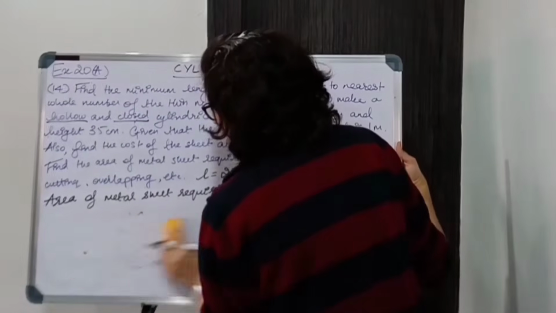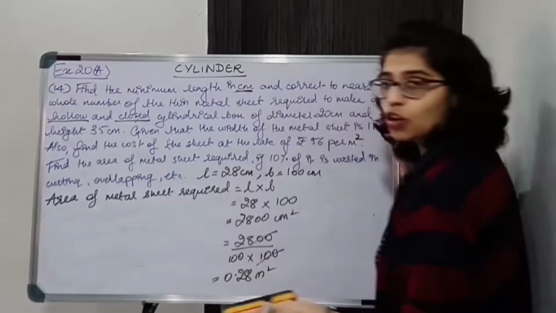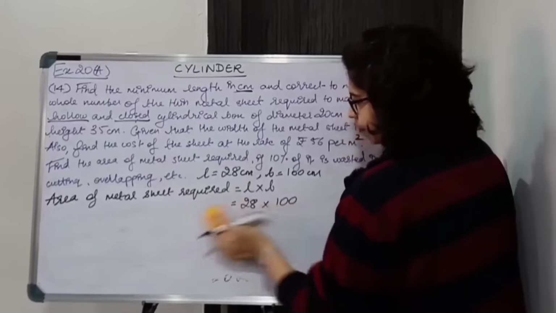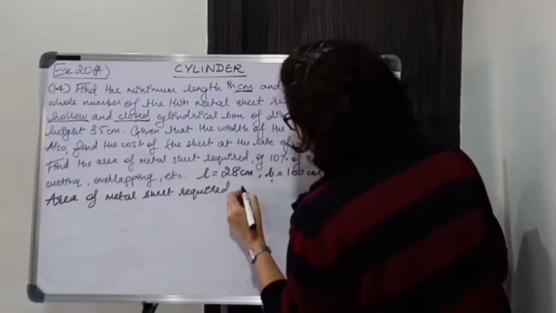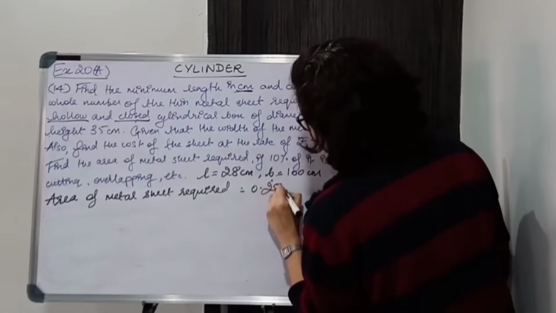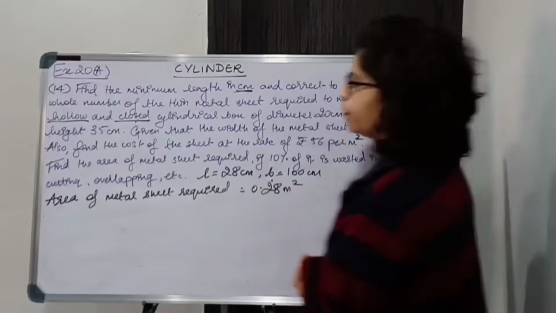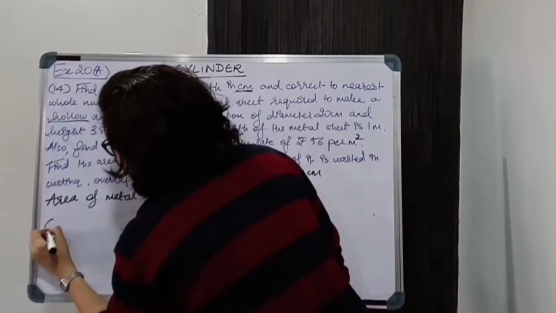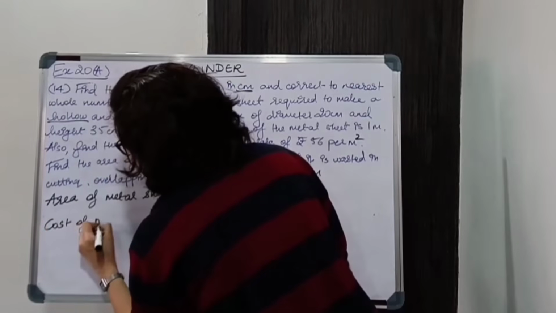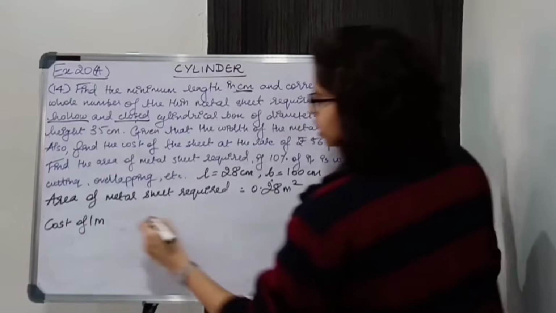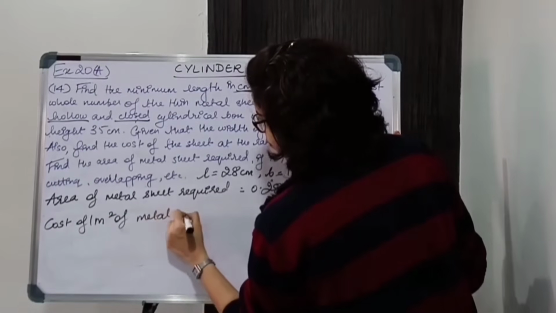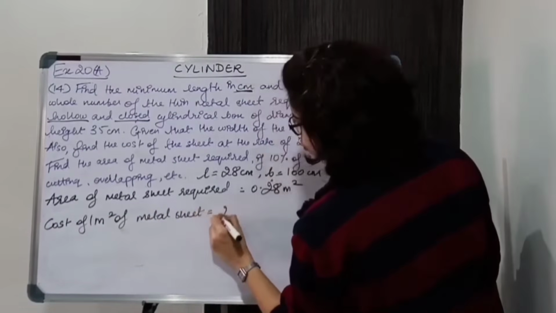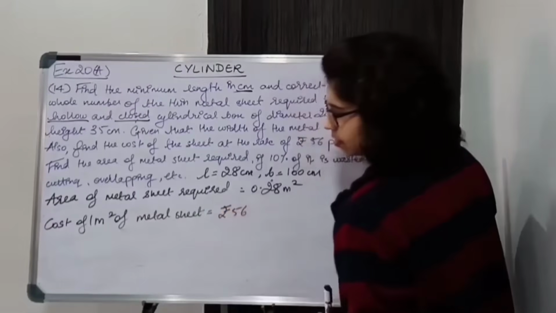So this is the area required. Now we have to find the cost of the sheet required. So area of metal sheet required is 0.28 meters square. So cost of 1 meter square of metal sheet is rupees 56.